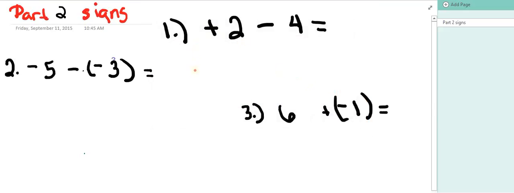So to change this subtraction into an addition problem, we keep this first number here, change the operation to addition, and then take this one here and do the inverse, which would be a negative number instead of a positive. Because remember, if you can't see a sign, then it's positive.